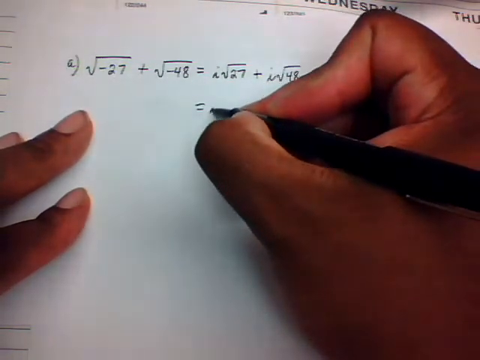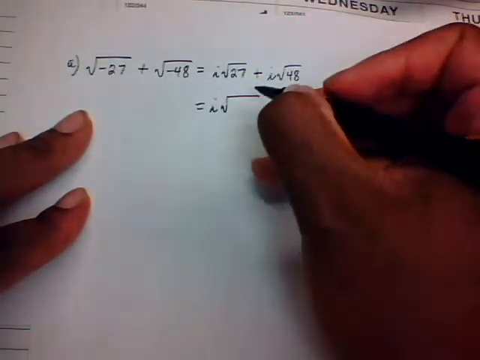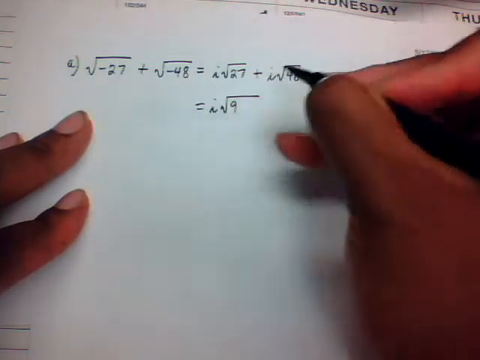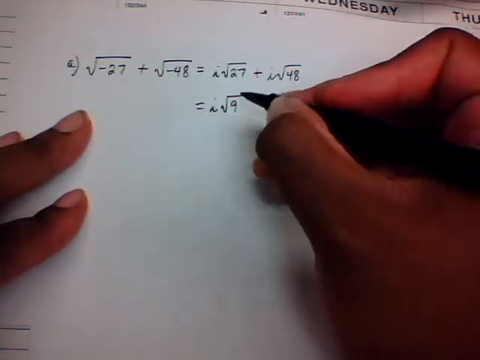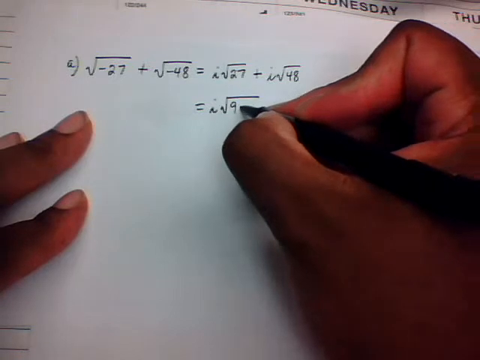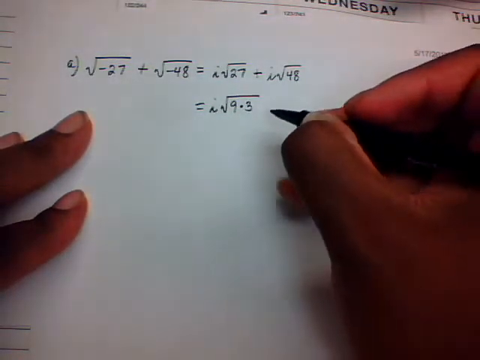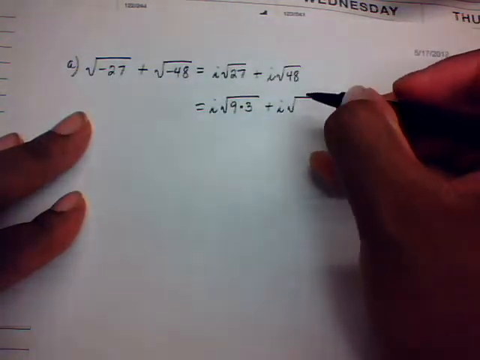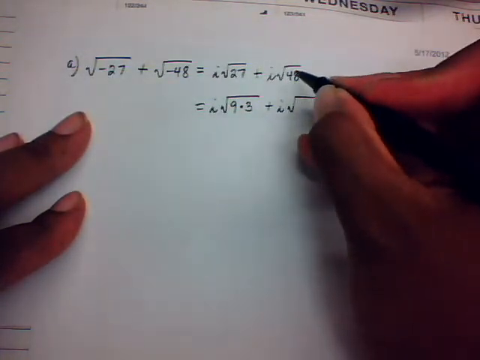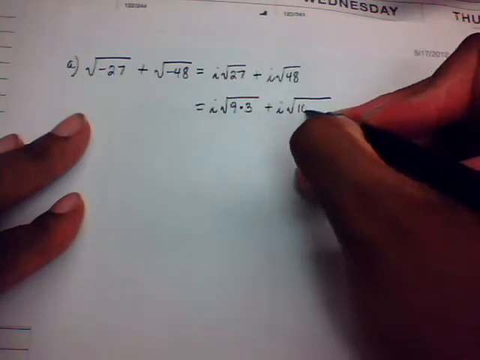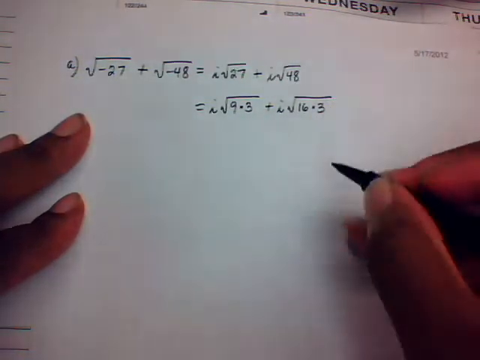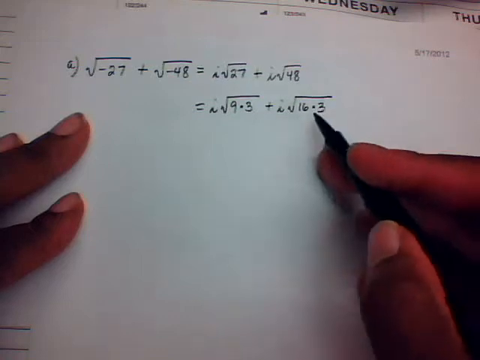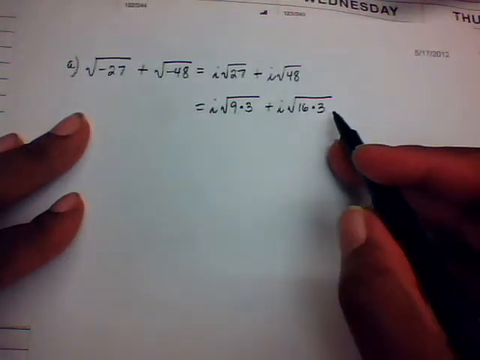For 27, the largest perfect square that can go into 27 would be a 9, because 9 can go into 27 3 times. And for the square root of 48, the largest perfect square that can go into 48 would be 16, because 16 can go into 48 3 times.